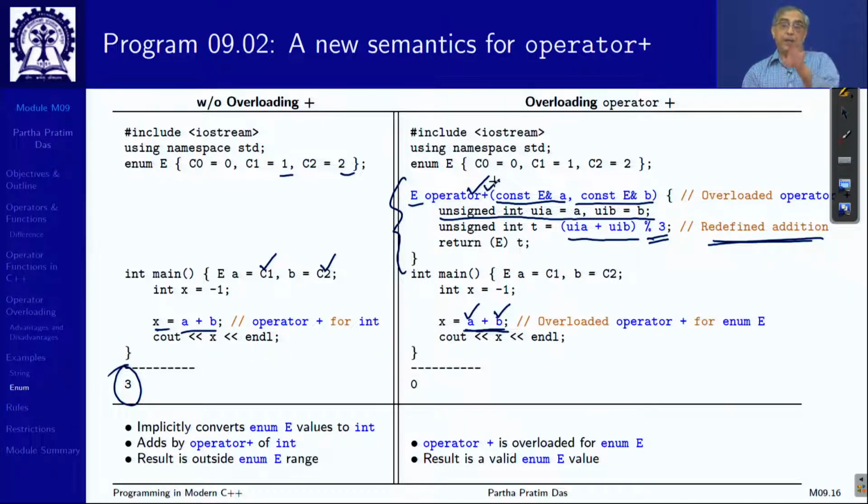So operator plus is actually a function, operator plus A comma B, which binds with this function. It will call this function instead of doing arithmetic conversion of A and B into int and doing an integer addition. When it does that, it will do the modulo addition and you will get a value 0. Try it out, great fun.